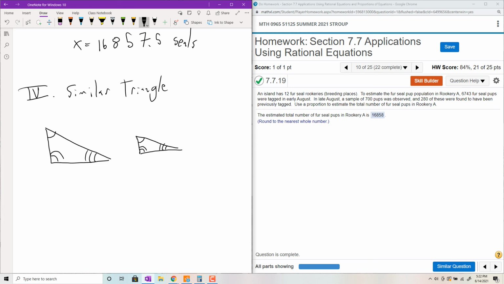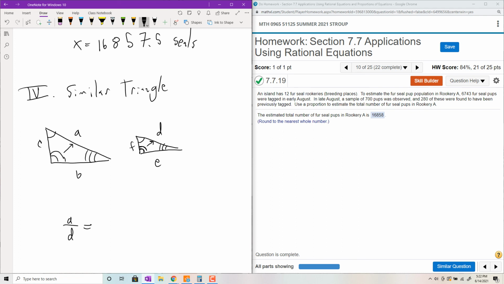Let's say the sides of this triangle are A, B, and C, and the sides of this triangle are D, E, and F. If this angle with the two marks on it corresponds to this angle over here, then the corresponding sides are directly across from those angles. So A corresponds to D, and you can make a ratio, and on the other side you can make another ratio from corresponding sides.